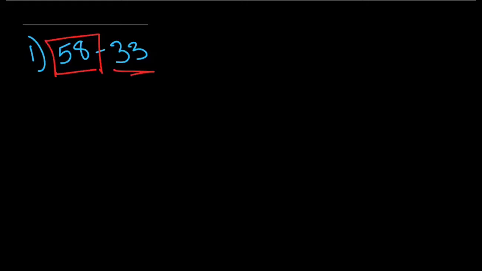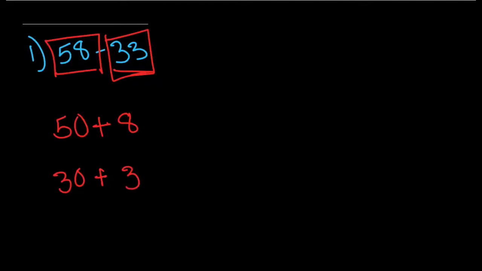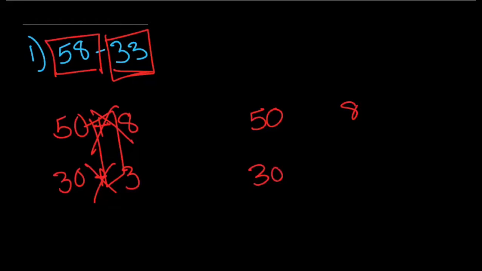That's our first number. 58, when it's written in expanded form, is 50 plus 8. And then we have 33. 33, when it's written in expanded form, is 30 plus 3. Now we just rewrite it over here, but without the addition signs. We cross them off. We have 50 and 8, and then 30 and 3.